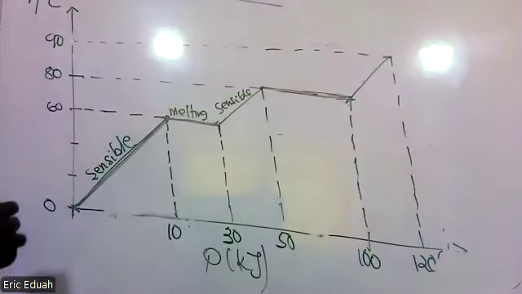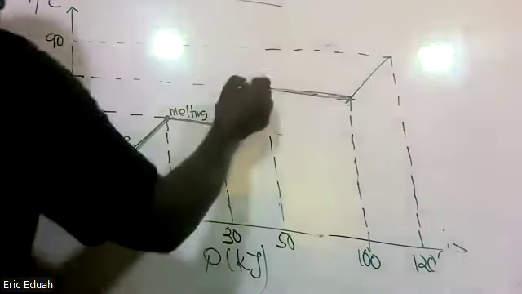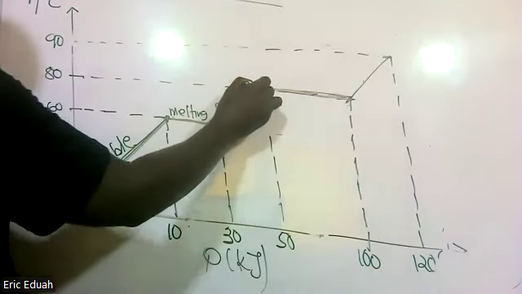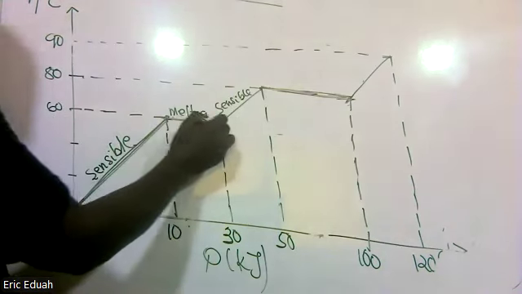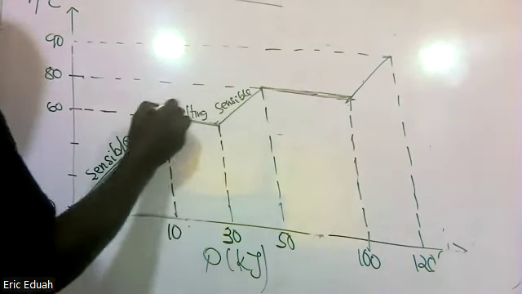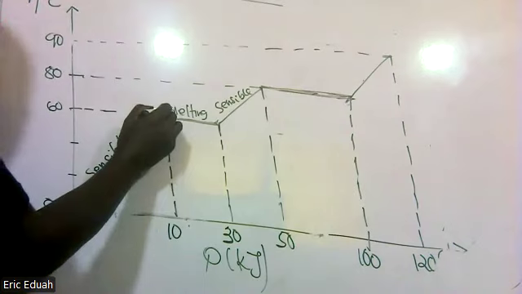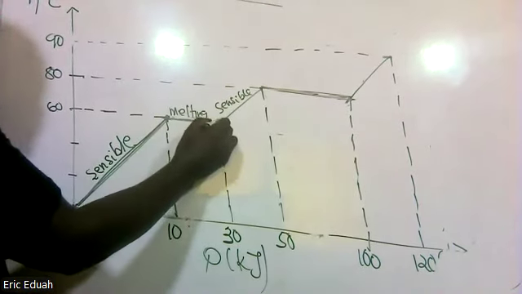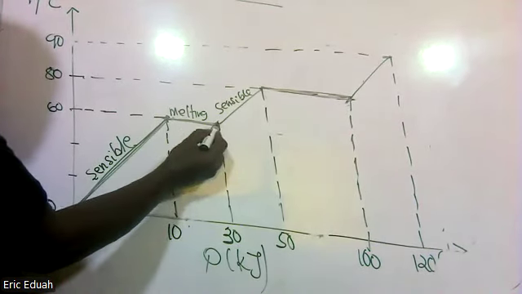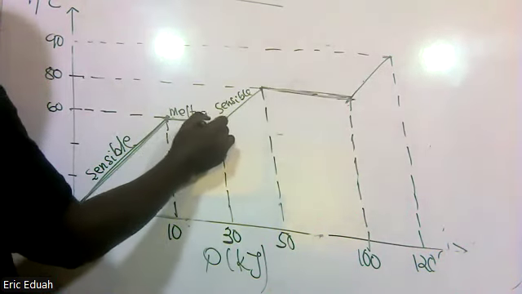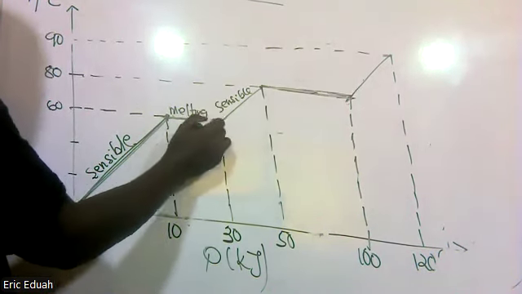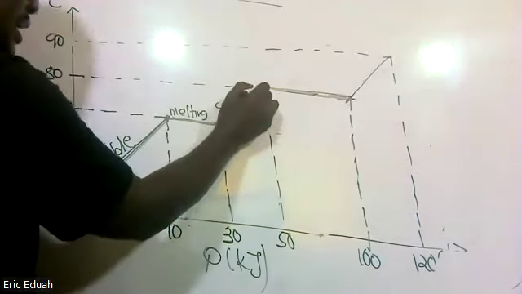So liquid at 80 degrees Celsius. Over here, we have completely liquid. Change of state to liquid starts from here, and by this point, everything has changed to liquid. Then the temperature of the liquid is being raised from 60 to 80.